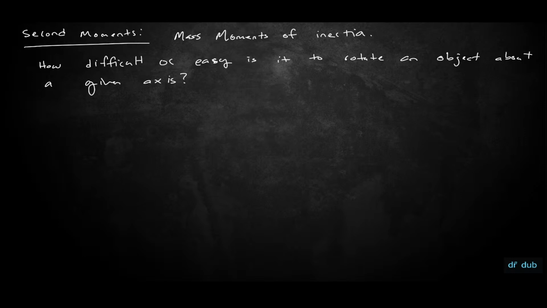So if you think about a solid cylinder, then you have an axis this way. And so this moment of inertia would be really low, if it's a nice uniform density.